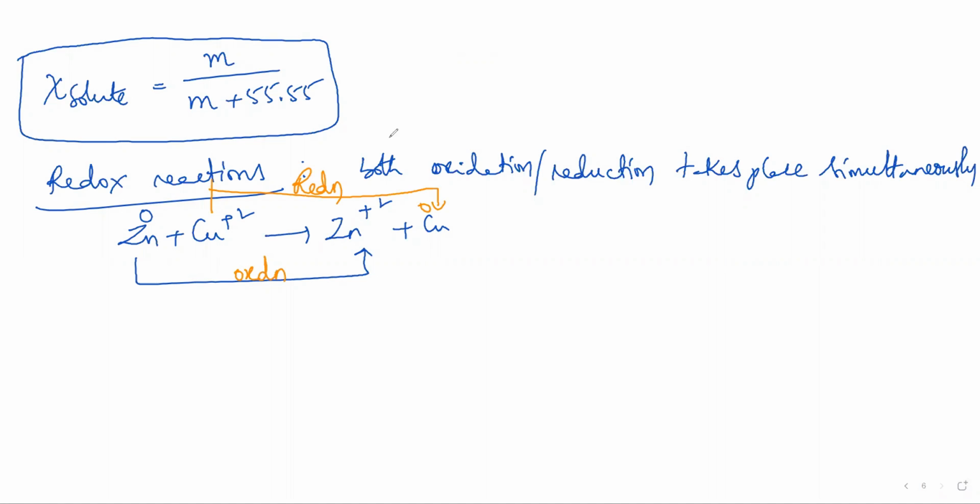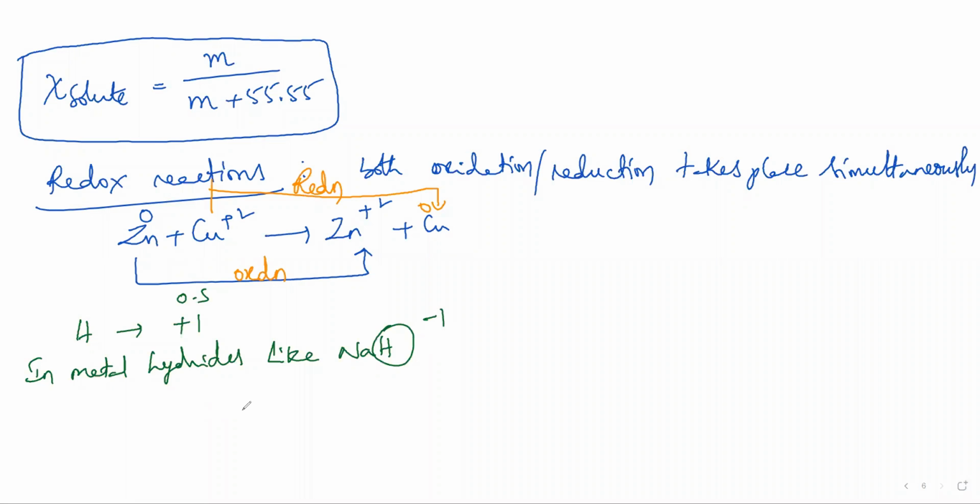Then how to identify oxidation states? Let us suppose hydrogen. Hydrogen oxidation state is generally +1. But in metal hydrides, like when it is combining with sodium, sodium hydride, hydrogen oxidation state will be -1.